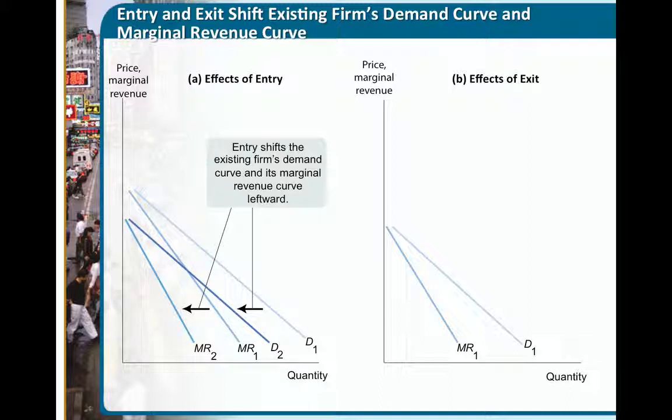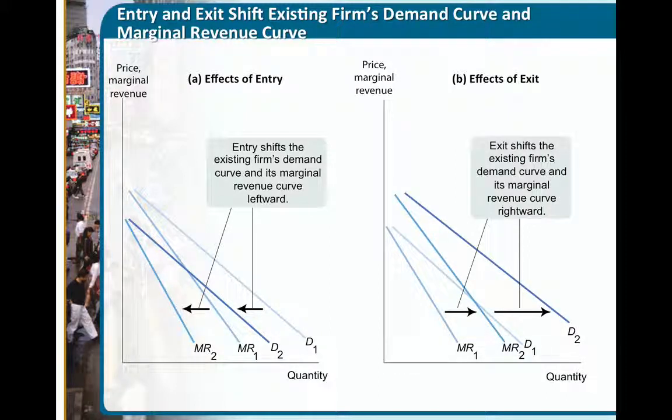So you see the effects of entry. Demand and marginal revenue will shift to the left if new firms enter the market, and this is just for one firm. These are the demand and marginal revenue curves for one firm. If a lot of firms exit the industry, one firm's demand and marginal revenue will shift to the right.